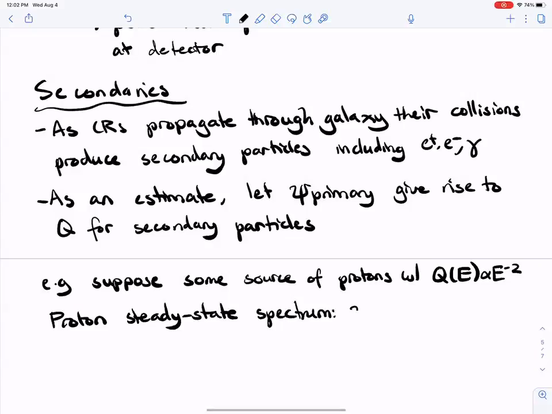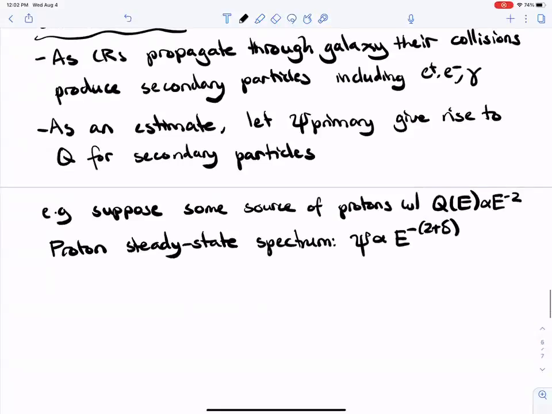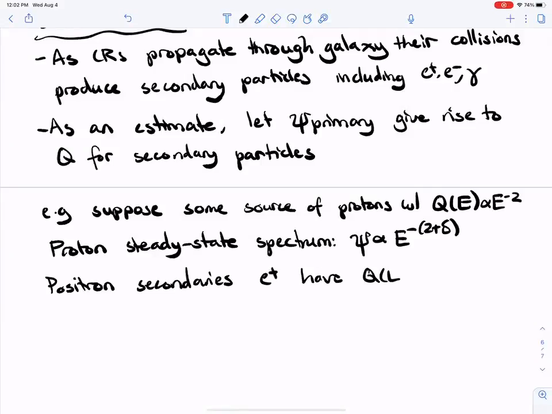As we discussed earlier, phi is going to be proportional to E to the -2 plus delta. It's going to get softened by a factor of diffusion. But then for the positron secondaries, we can approximate Q of E as proportional to E to the -2 plus delta.